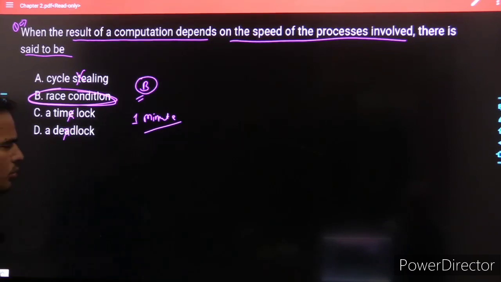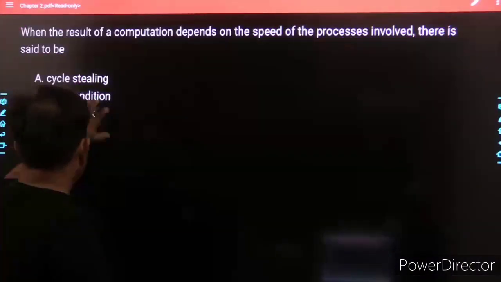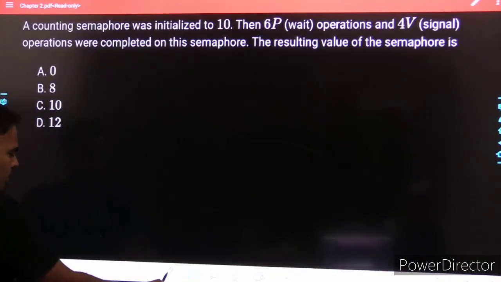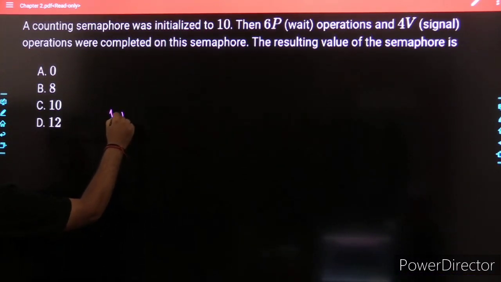So now I am going to solve the next question, my dear friends. This is your next question. I hope you are able to give me the answer. I am giving you again 1 minute. Try it by yourself.